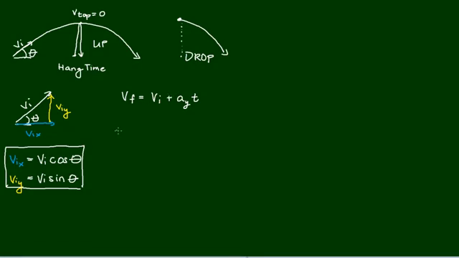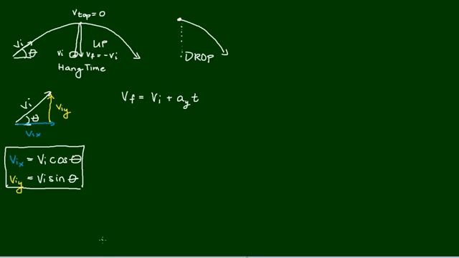Okay, so how do we then get this? Well, I think it's much easier to analyze this knowing the fact that Vf is equal to negative Vi. Okay, because the velocity at this point, the Vi, once it goes back down, it has the same velocity but in the negative direction.